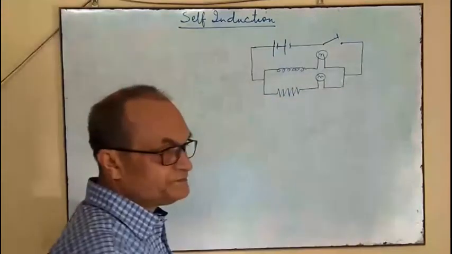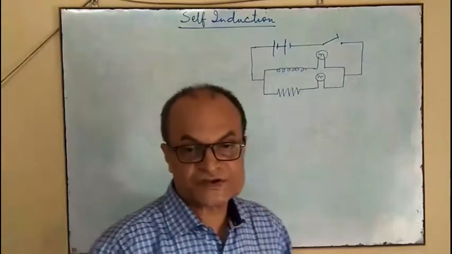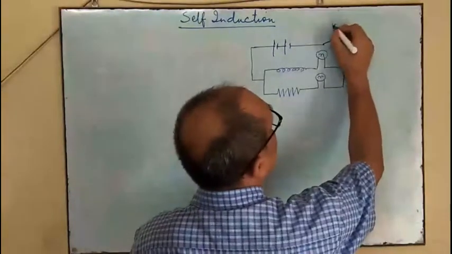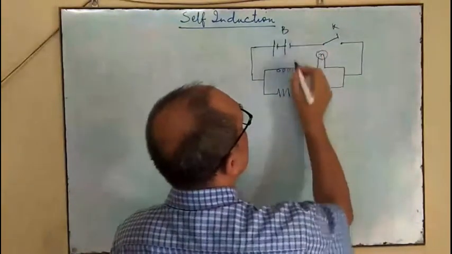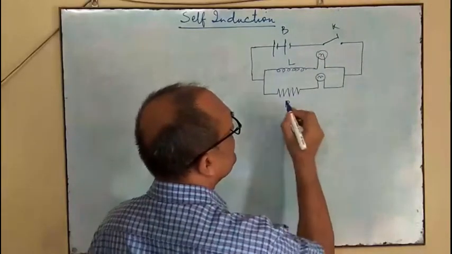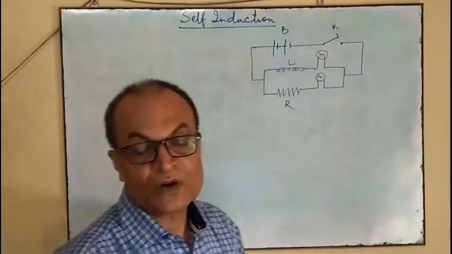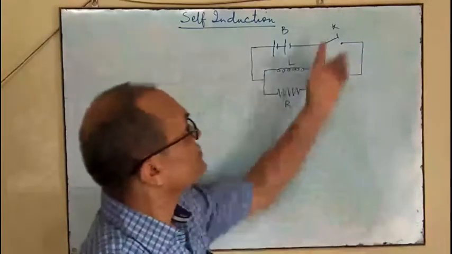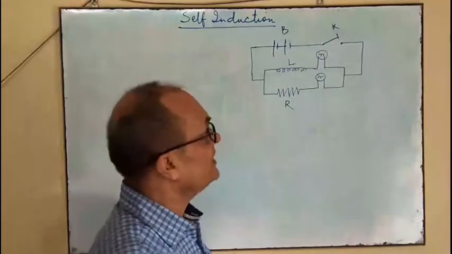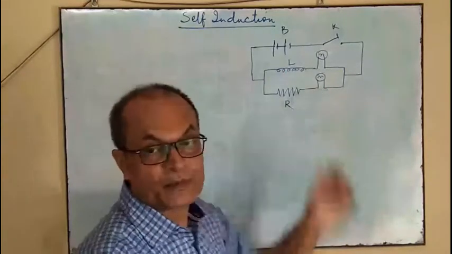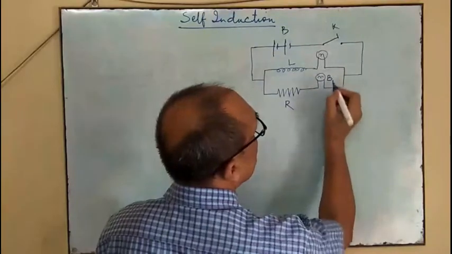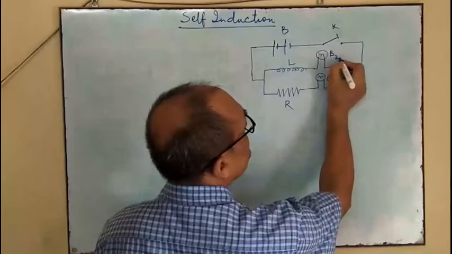See this, what happens when this key is closed? This is the inductor denoted by L and this is the resistance denoted by R. So when the key is closed, the current flows. We will see this bulb B1, and this is the bulb B2.